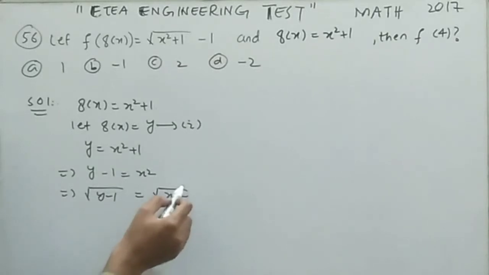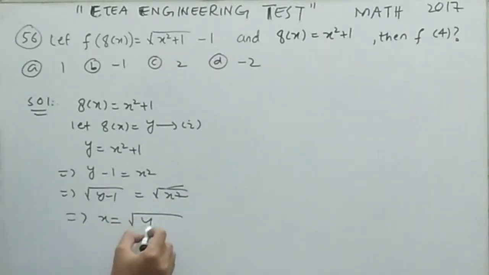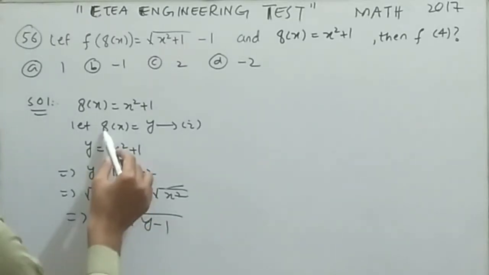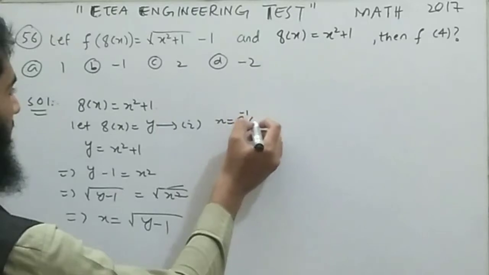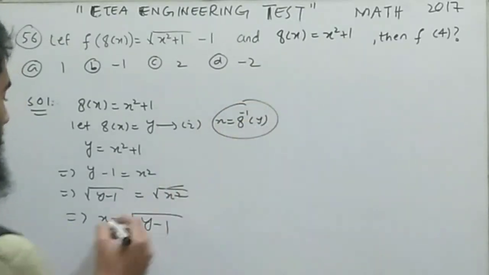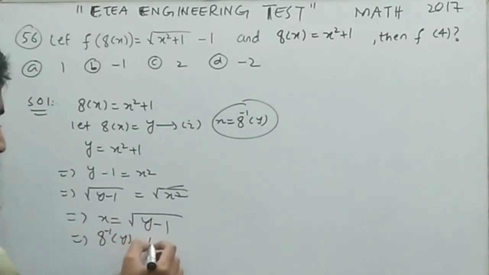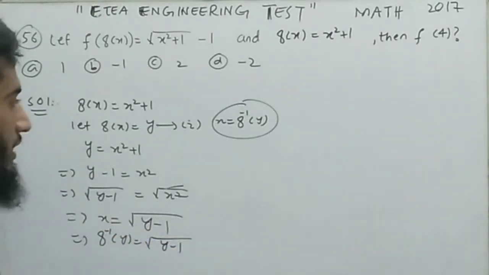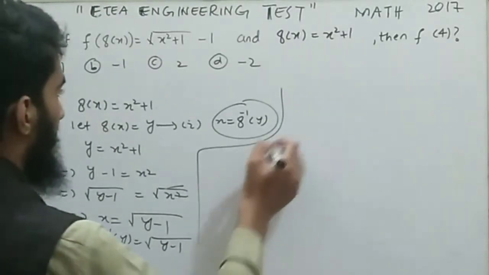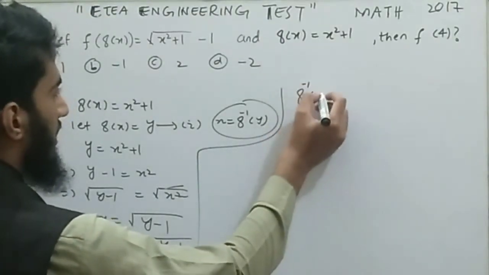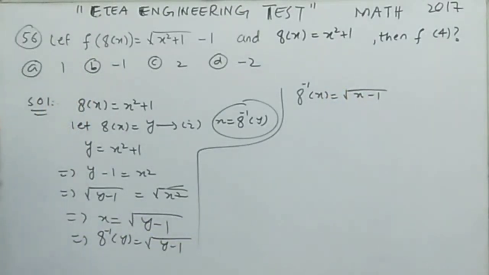So square cancels with under root on this side. It becomes x is equal to square root of y minus 1. Now from over here, shift g to the right hand side. It becomes x is equal to g inverse y. So put x is equal to g inverse y over here. It becomes g inverse y is equal to under root y minus 1. Now I replace y in this inverse function with x. So it becomes g inverse x is equal to under root x minus 1.